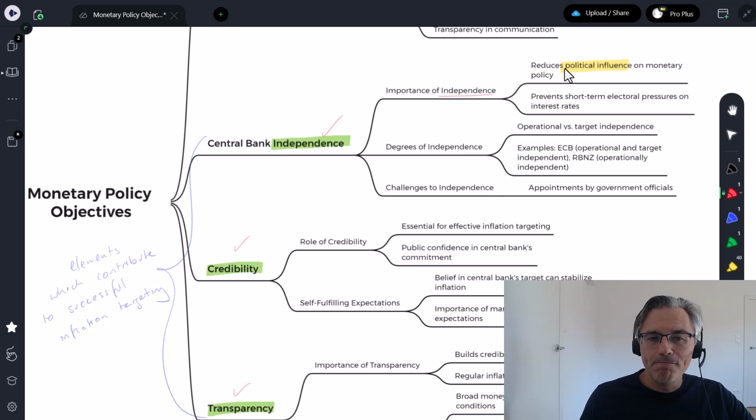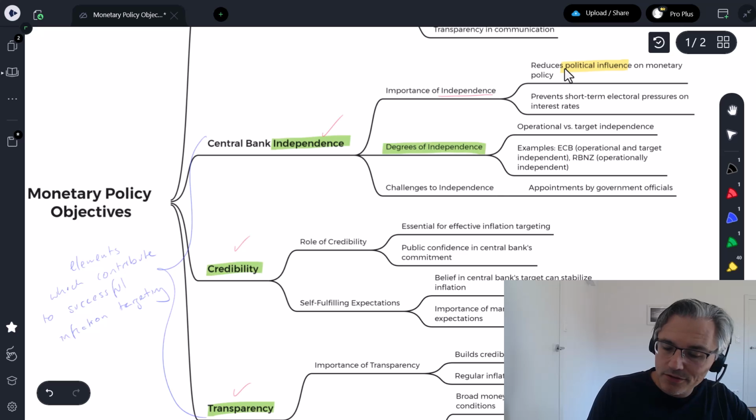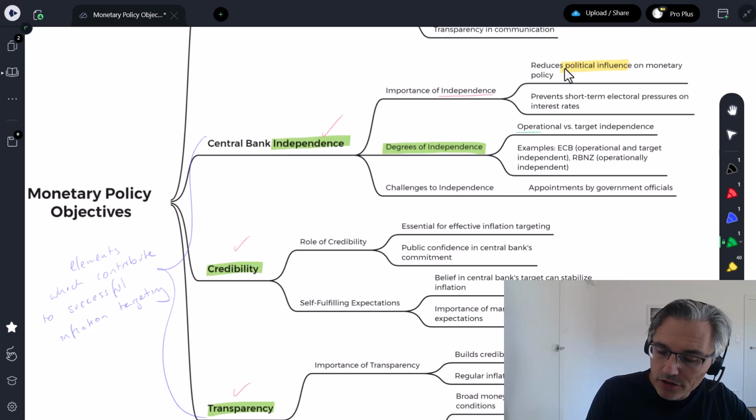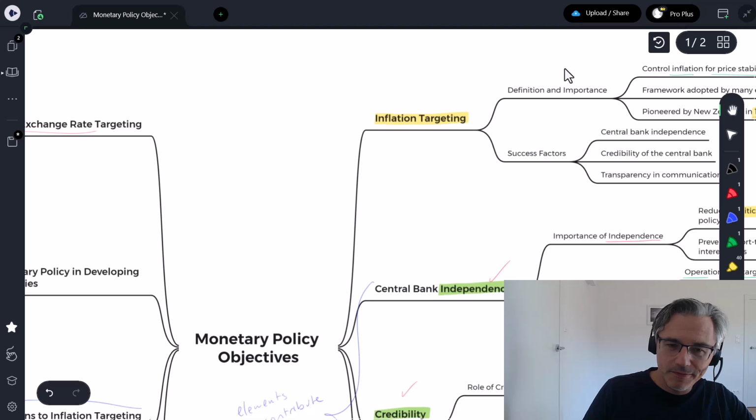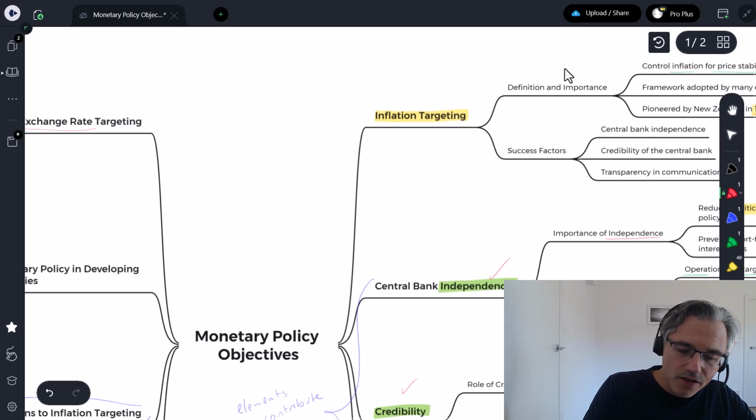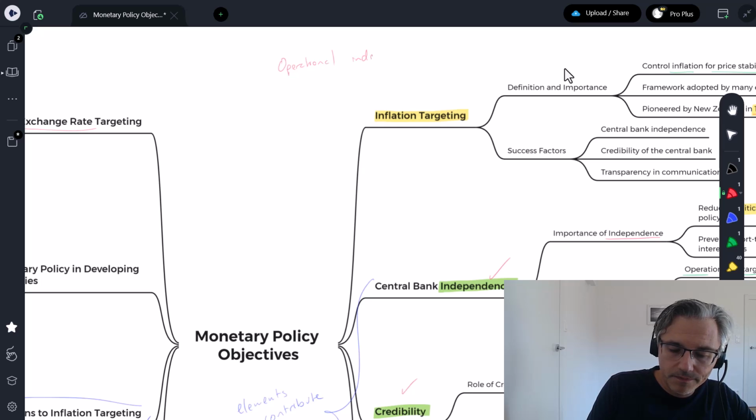However, please note that there are various degrees of this independence, and two key words which appear over here are operational versus target independence. I want to tell you a little bit about this. Operational independence is all about deciding on the optimal level of interest rates.